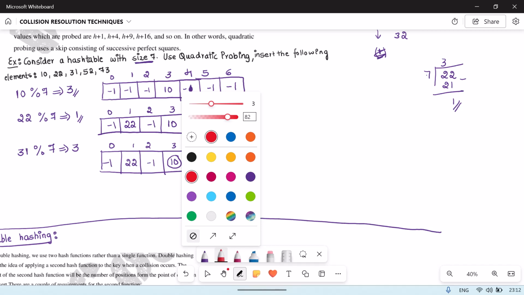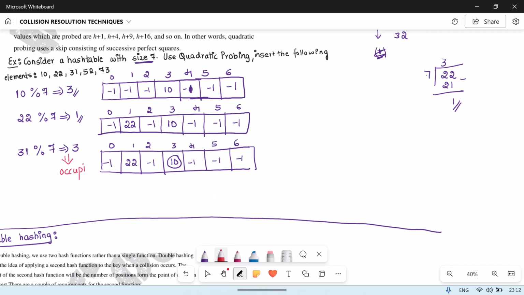This position is occupied, so instead of going to the next location, you take the hash value you got, which is 3, plus the first positive integer, 1, squared, then mod 7.